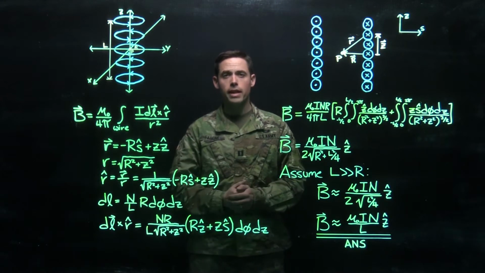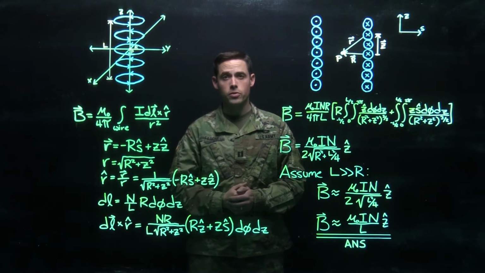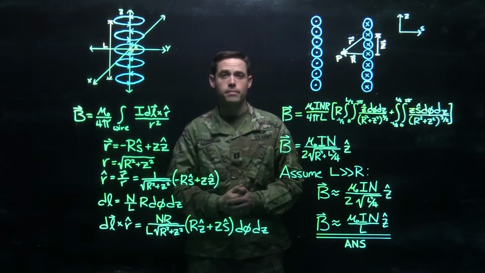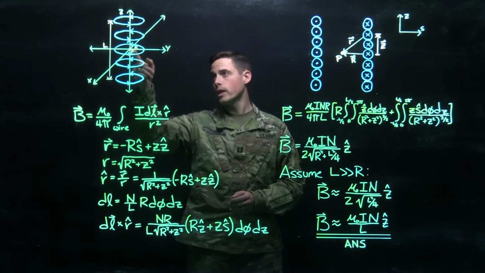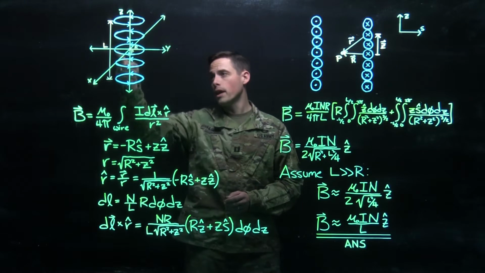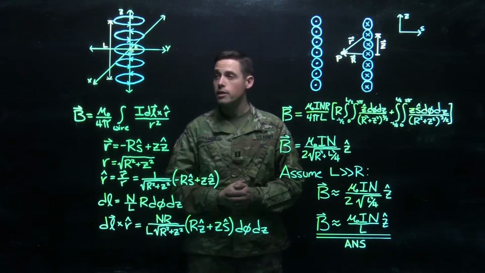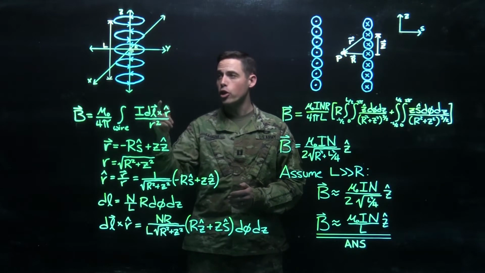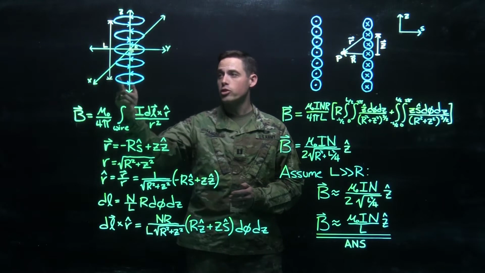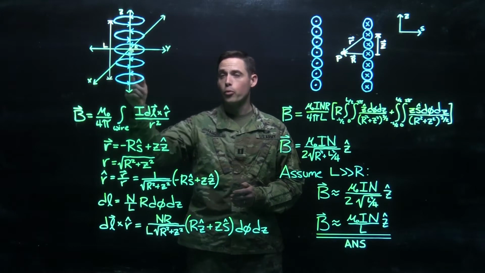Let's calculate the magnetic field generated at the center of a solenoid, point P. The solenoid has some inner radius r and some total length L. Additionally, the solenoid has a current that is flowing in the direction indicated by the arrows through the loops.